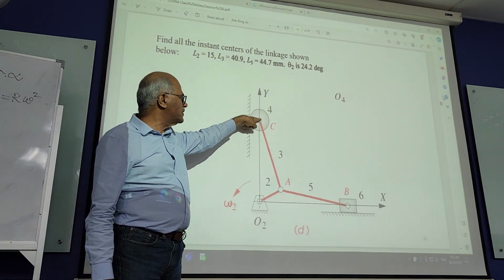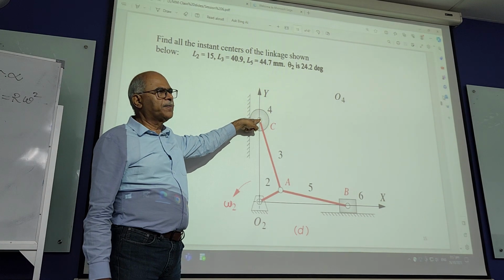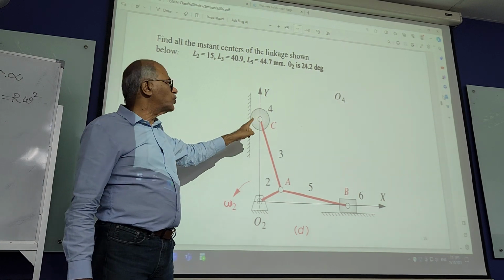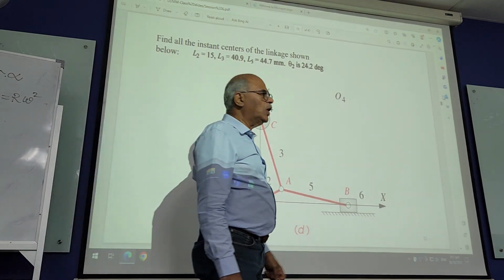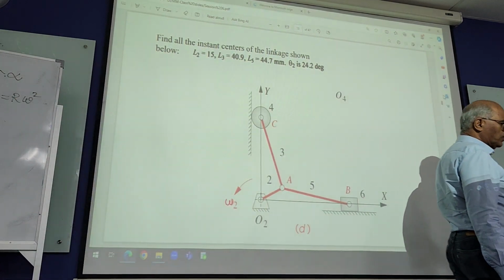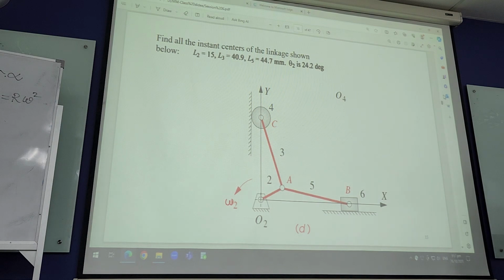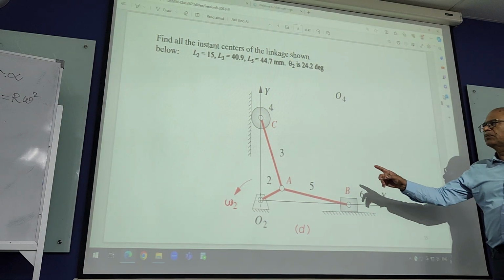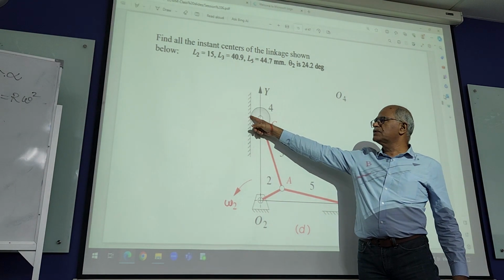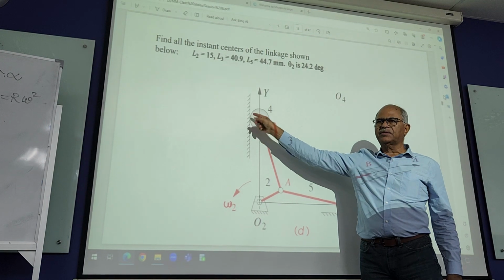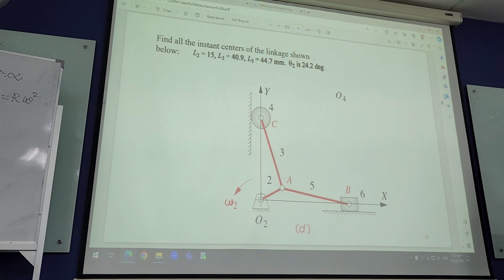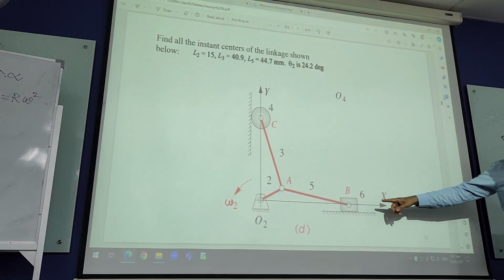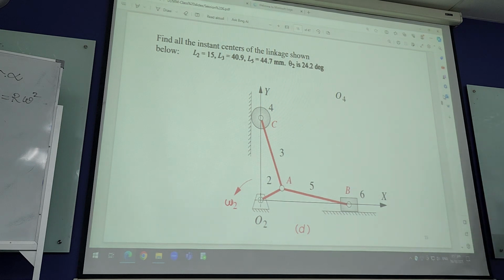So what will be this instantaneous center? 3, 4. So you have 1, 4 here, you have 3, 4 here. Now, 1, 3 will be on the line. So this is one point you should note down here. This is an instantaneous center, the contact point.